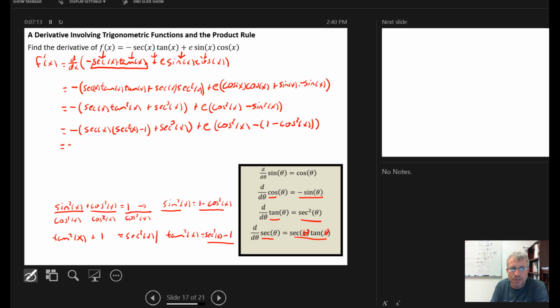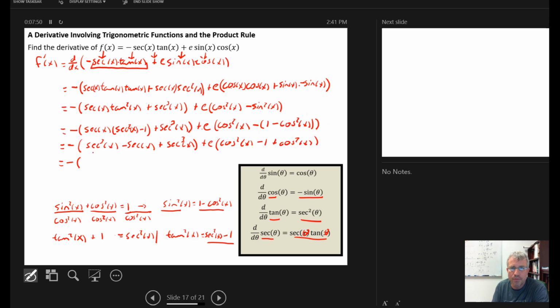So we get the opposite of parentheses. The secant times the secant squared is the secant cubed of x, minus the secant times 1 is the secant of x, plus secant cubed of x, close parentheses, plus Euler's number times, here you get the cosine squared of x, distribute the minus sign in, we get minus 1 plus the cosine squared of x, close parentheses, and we can clean things up just a little bit more.